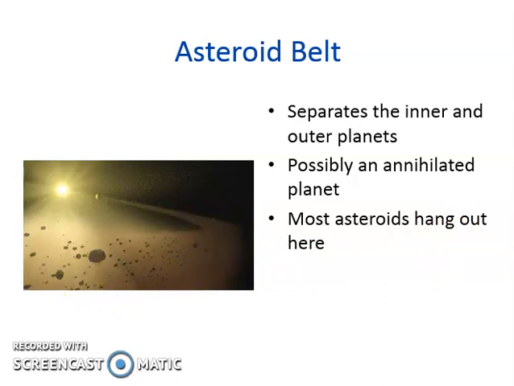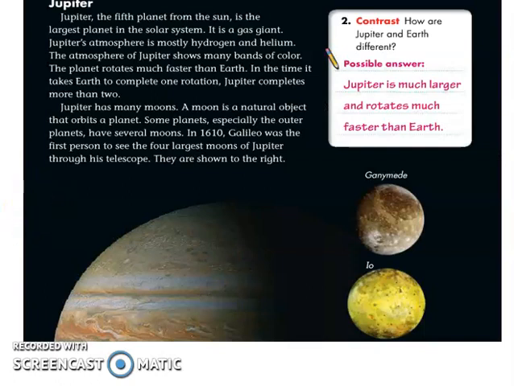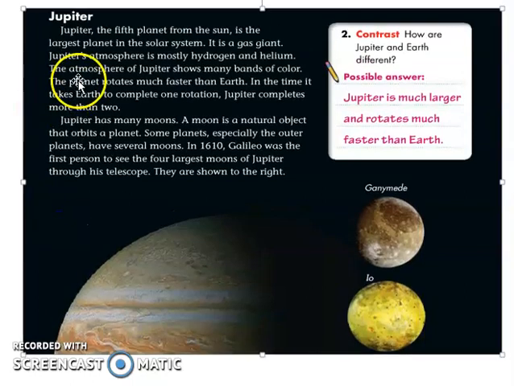So let's go to the first outer planet. The first outer planet in our solar system is Jupiter. Jupiter is the fifth planet from the sun. This is the largest outer planet. It is a gas giant, meaning among the four outer planets, this is the biggest gas planet.